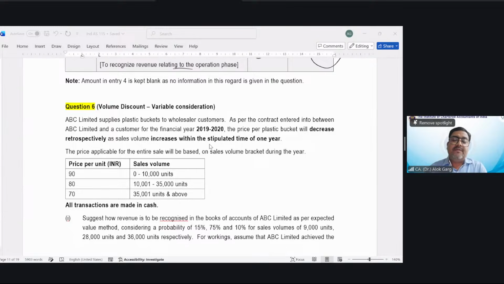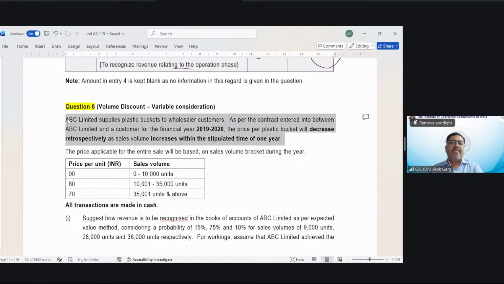Let's discuss this question. This is one of the concepts of variable consideration, and variable consideration is one of the concepts of transaction price.